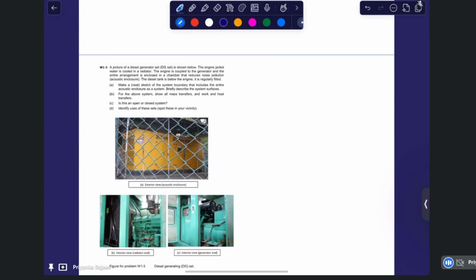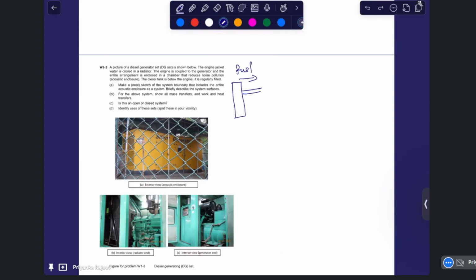So the diesel engine will have a fuel input. I'll just draw. Fuel will be given as an input. There will be a fuel tank from where this fuel is supplied. Then there will be an engine, so fuel is going to an engine.